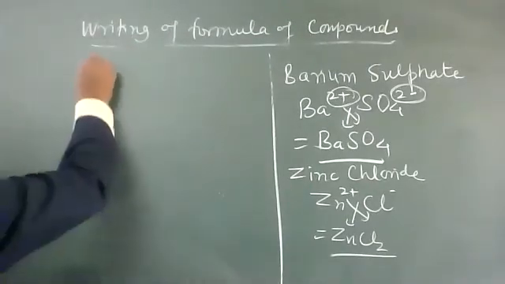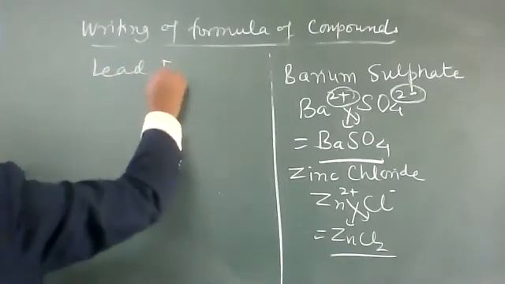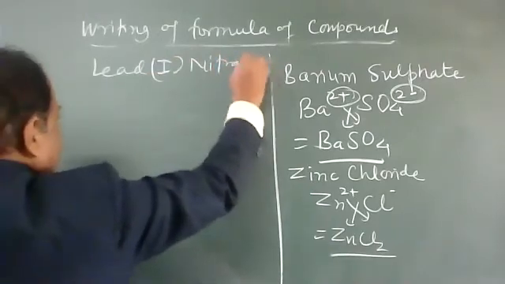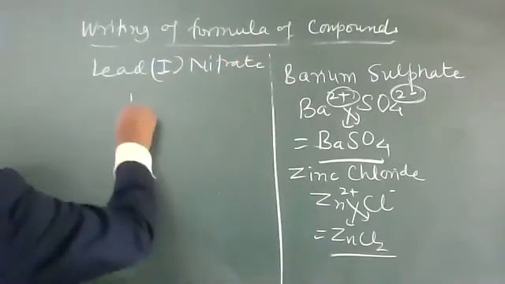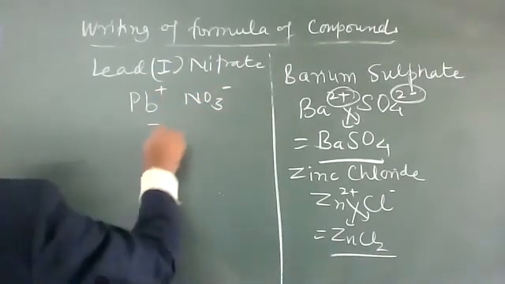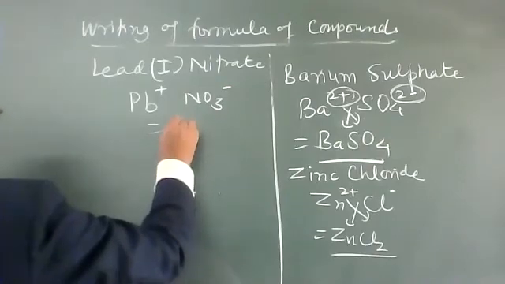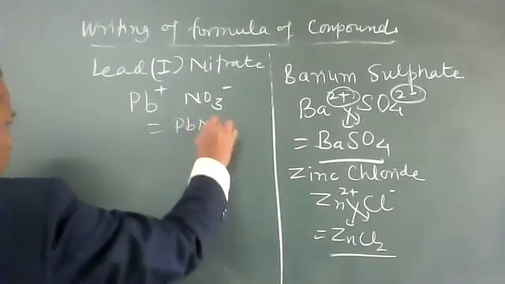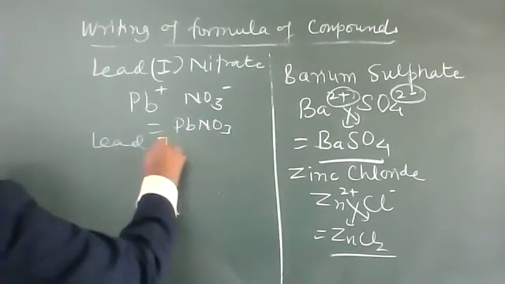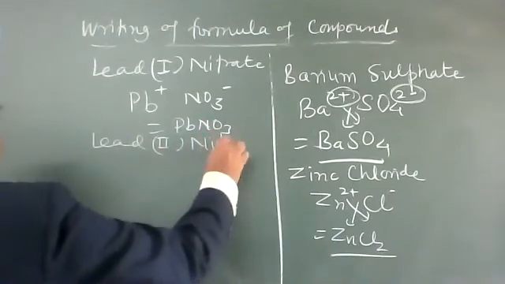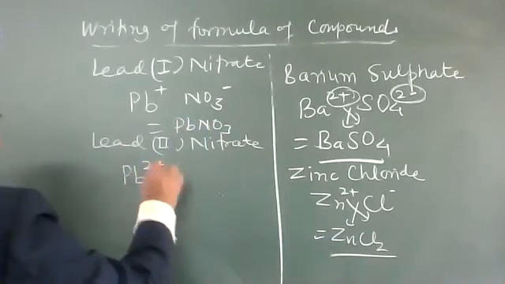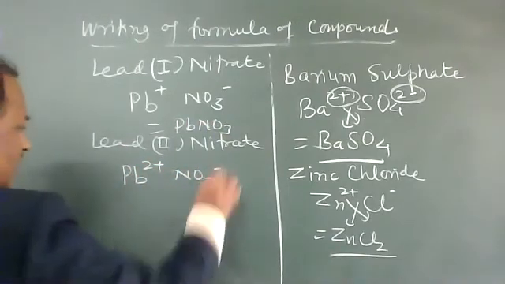Now lead nitrate. Lead first, valency is 1, so Pb plus, nitrate NO3 minus, so it will be PbNO3. Lead second nitrate: Pb2 plus, NO3 minus.